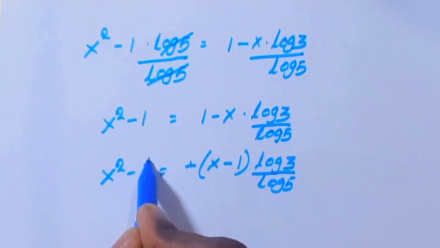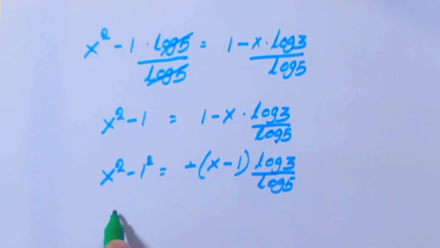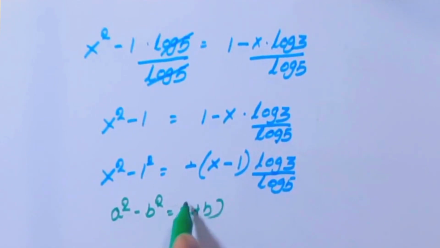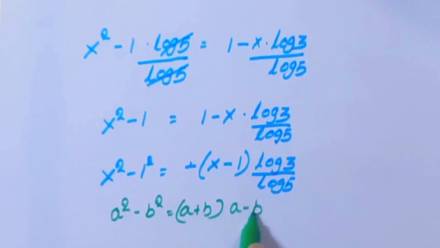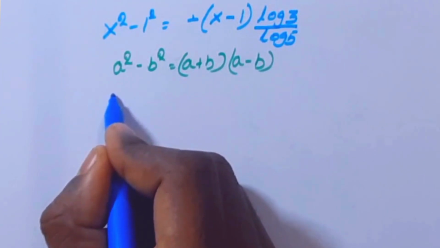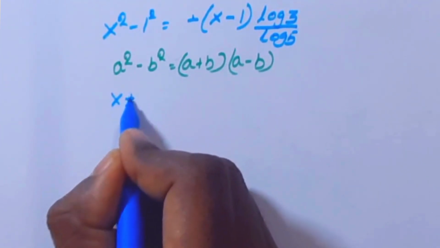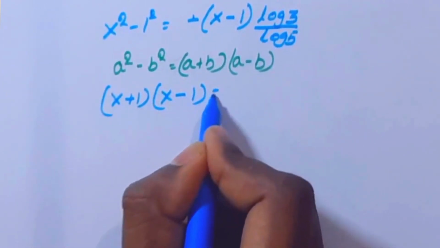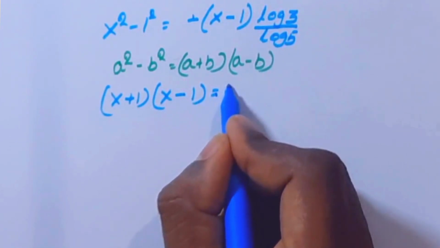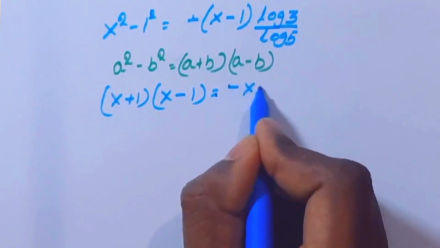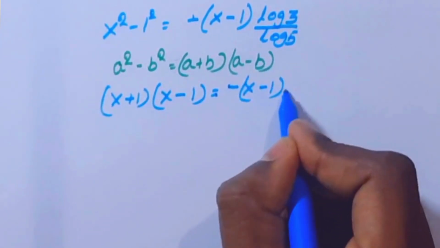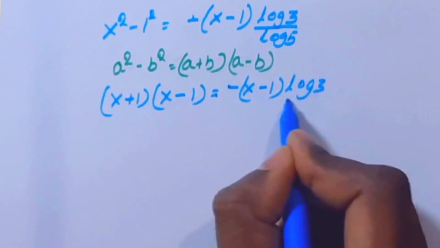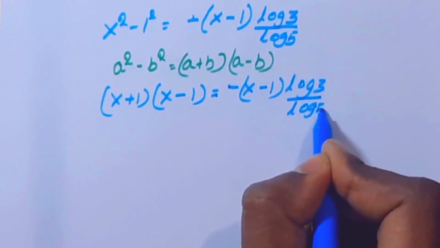Now consider here it is a square. So we know that a squared minus b squared equals a plus b times a minus b. So x plus 1 times x minus 1 equals minus x minus 1 log 3 by log 5.